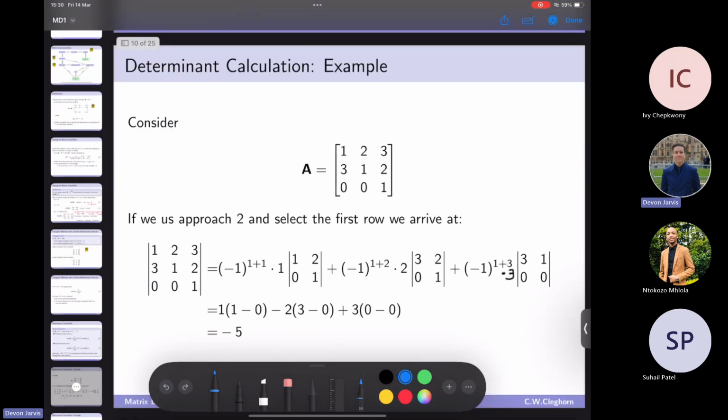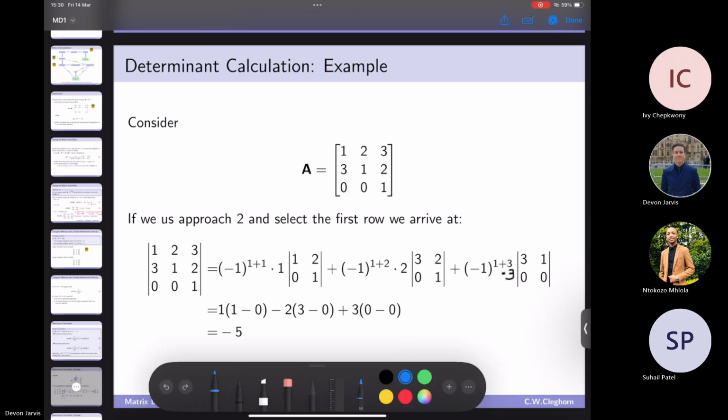So let's look at an example. We have the matrix A. What we're going to do is expand across one of the rows or one of the columns. I'll show you the general equation now, but let's look at the example. You look at the row and column indices. In this case, this is the first row, first column, so that's 1 plus 1. You raise minus 1 to that power.